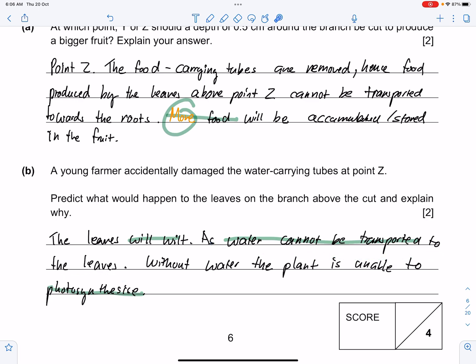Now, I'm not so sure whether you said for photosynthesis means it can or cannot photosynthesize. So please put in a separate statement very clearly stating that without the water, no photosynthesis is able to occur. So you can say no photosynthesis happens, or therefore the plant is unable to photosynthesize.